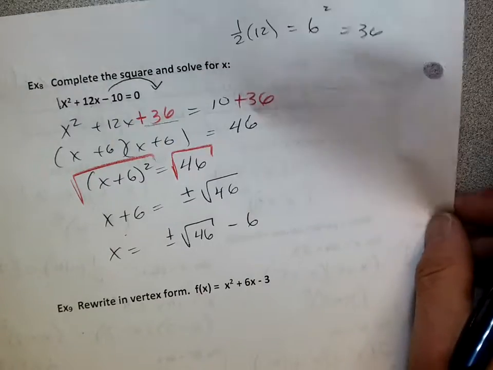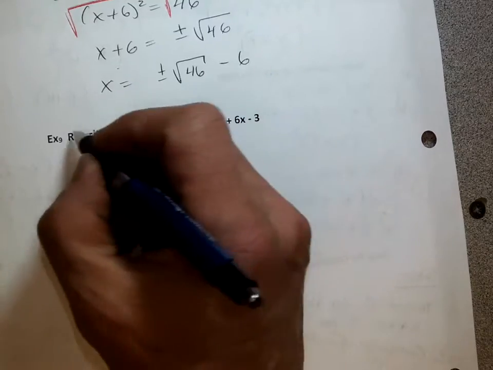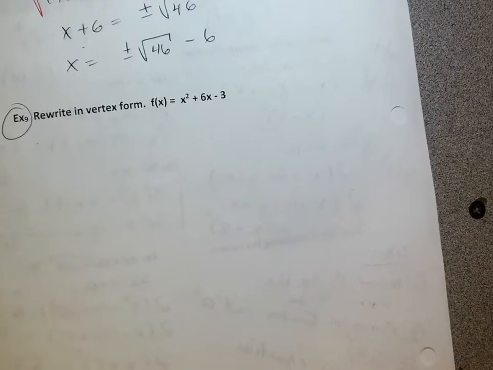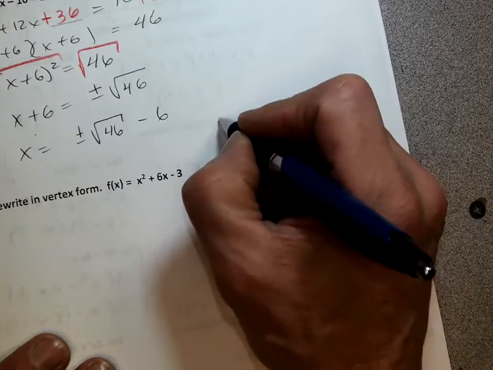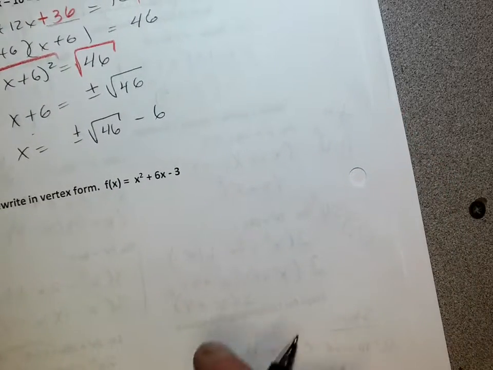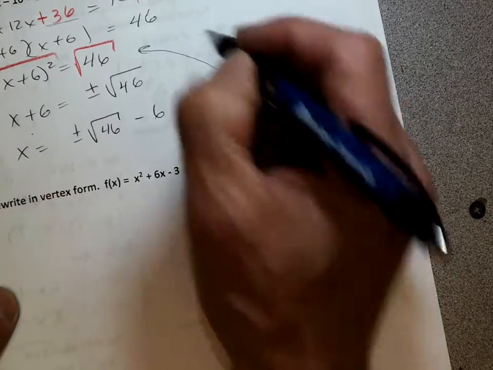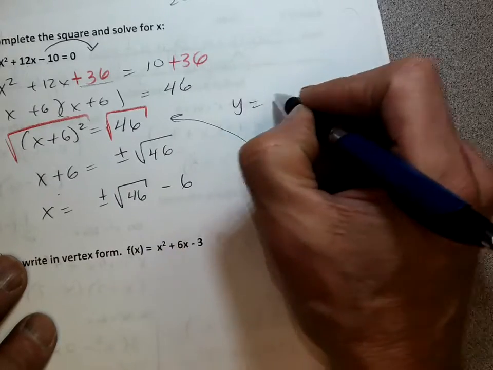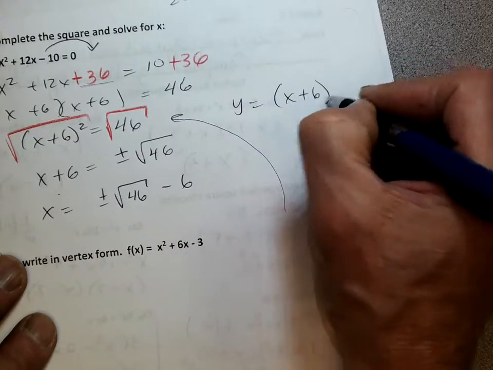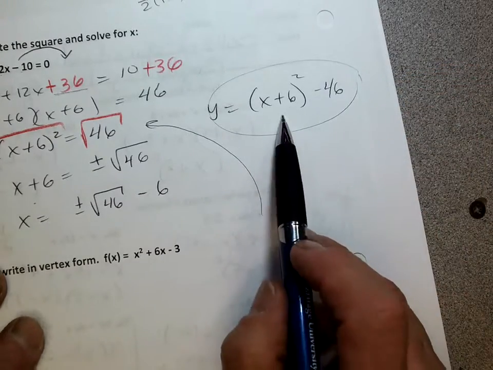Okay, you ready to do example 9? Example 9 is different because I want to be able to rewrite this in vertex form. As an example, if I go back up to here and had y equals x plus 6 squared minus 46, you'd know the vertex of this parabola.